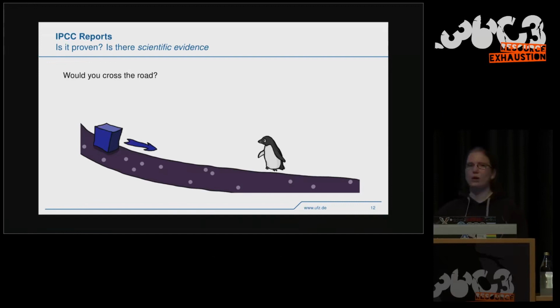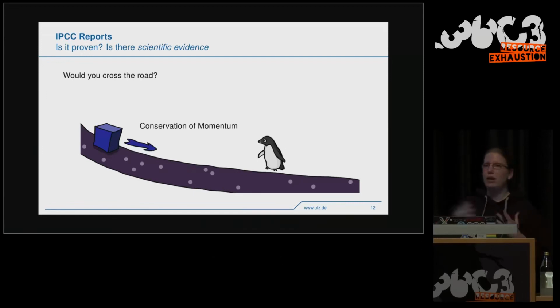And why wouldn't you do so, although you know nothing about the situation? Well, you do know something. You know conservation of momentum, which is a physical law you know about. So you have a situation you know not so much about, you have never had an experience with before, but you still are able to make some assumptions because you know the physical laws behind it.